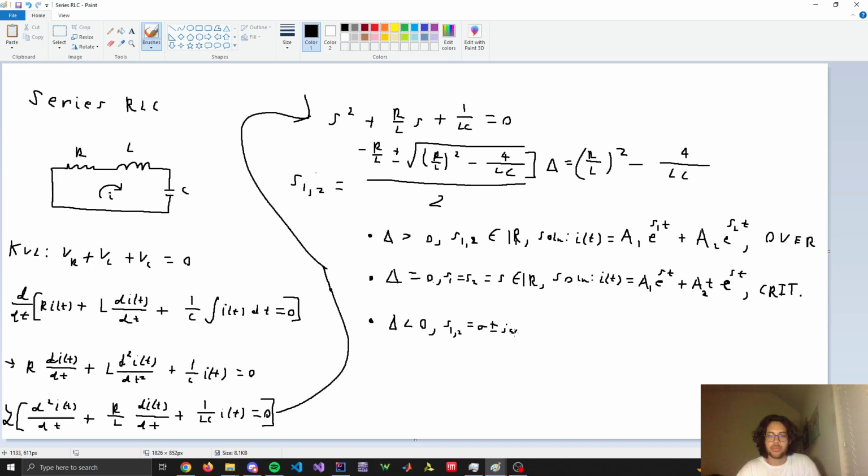It's a complex number. So the solution is going to be e to the sigma t multiplied by a constant a1 times sine of omega t plus cosine of omega t. And that's going to be called underdamped.